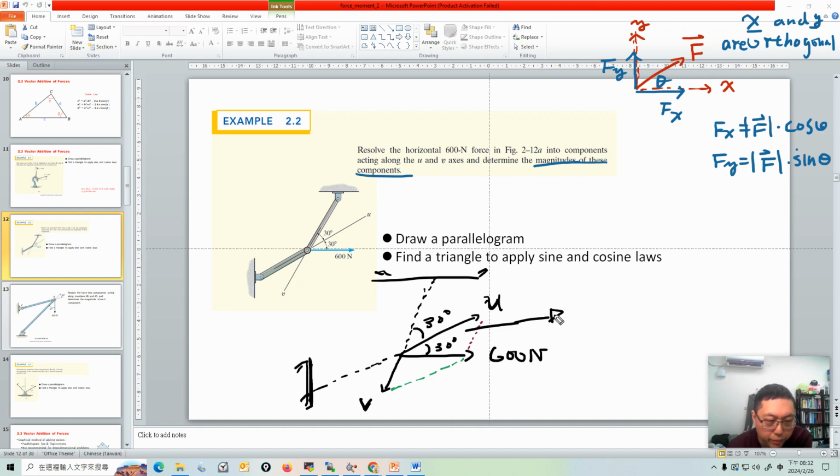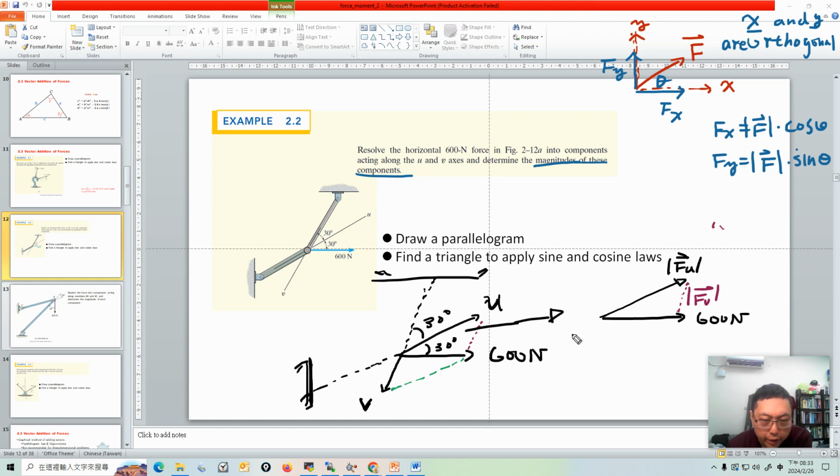For this one we have the 600 Newton here, and this is the U component, so I call it FU. And this purple one here, because it is parallel to V, is FV.